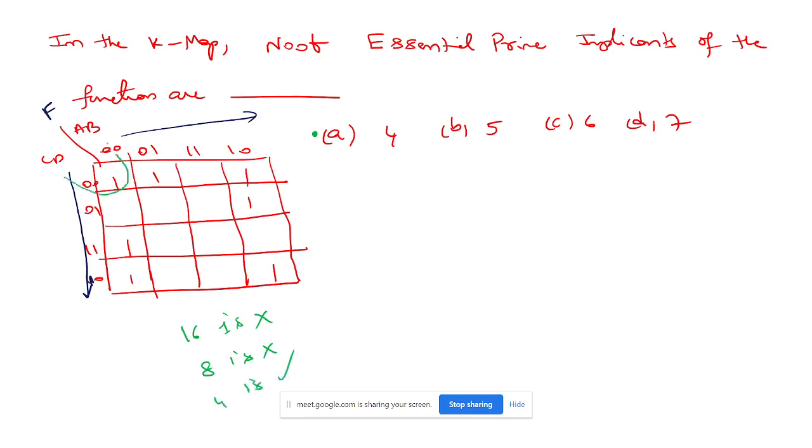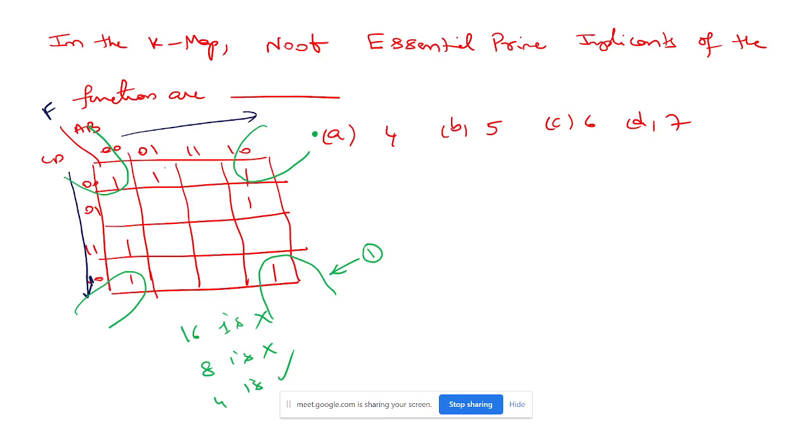So you can group them like this. These 4 ones you can group. This is, let's say, 1. First prime implicant. We always find out prime implicants, then we will see which one is essential, which one is redundant, depending on how many ones are covered. If EPIs cover all the ones, then you no need to worry about redundant prime implicants the way it happened in the last problem. If there is something left over, then we have to consider one of the redundant ones, whatever makes sense.